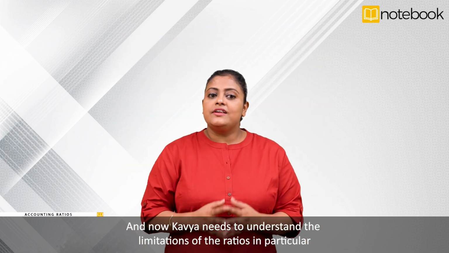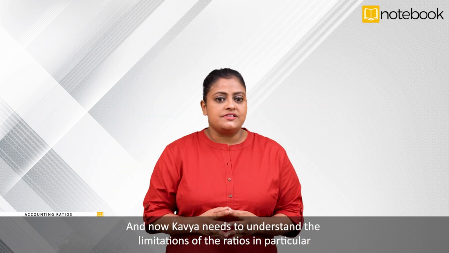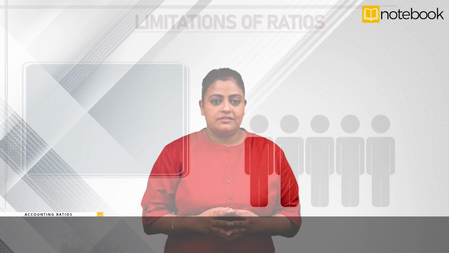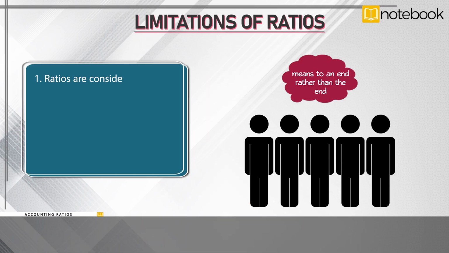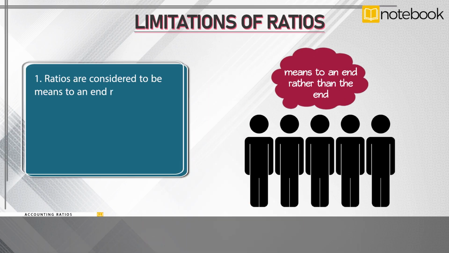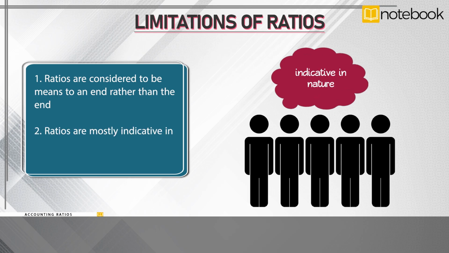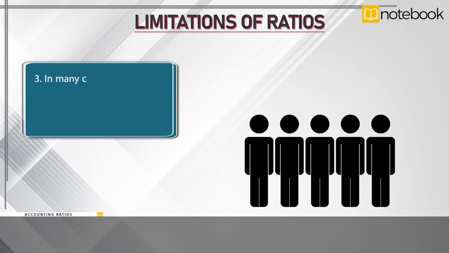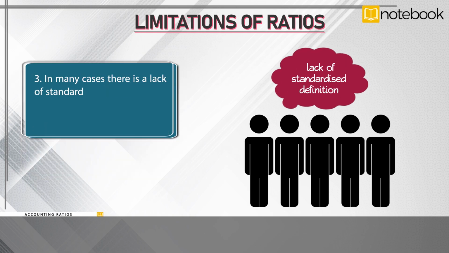And now, Kavya needs to understand the limitations of the ratios in particular. Ratios are considered to be means to an end rather than the end. Ratios are mostly indicative in nature and they lack the ability to resolve the problems. In many cases, there is a lack of standardized definition of different concepts used in this analysis.